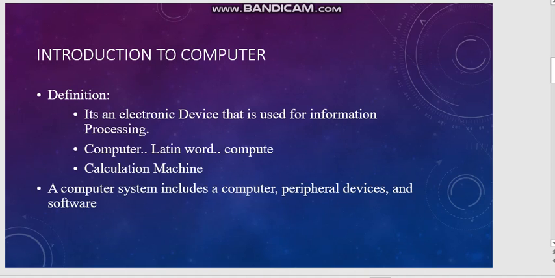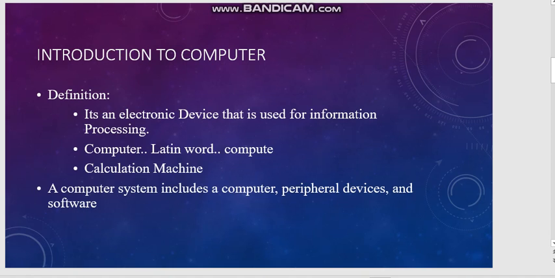The word is derived from the Latin word which means compute. It is also known as a calculation machine. So basically, a computer system performs a variety of operations in accordance with the set of instructions that is given to it. This set of instructions is called a program.